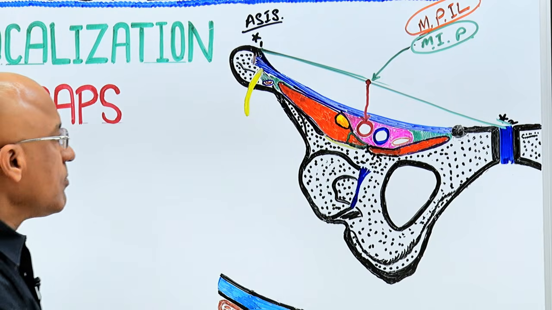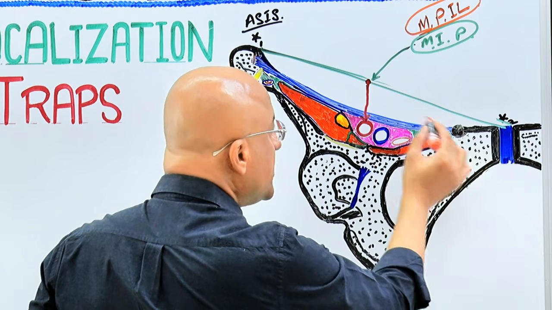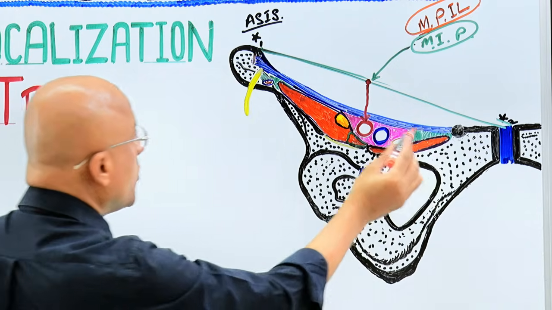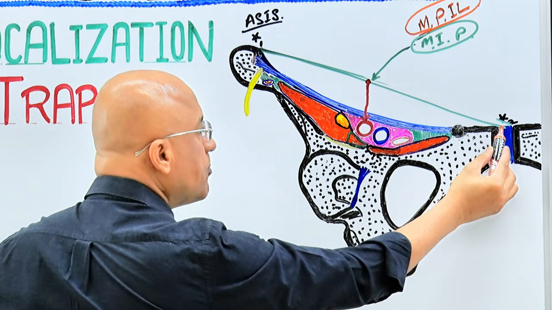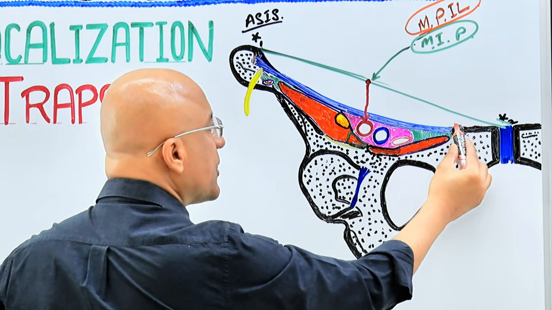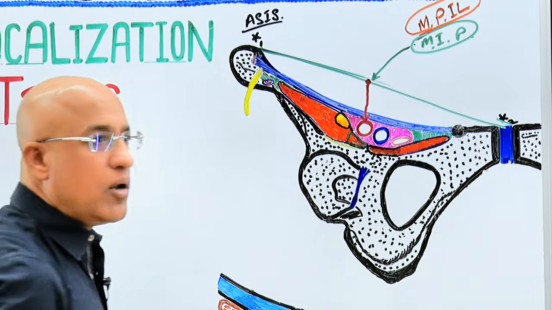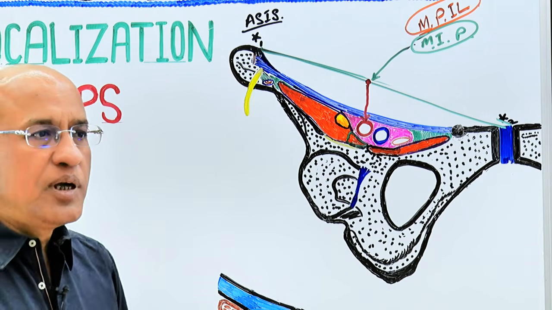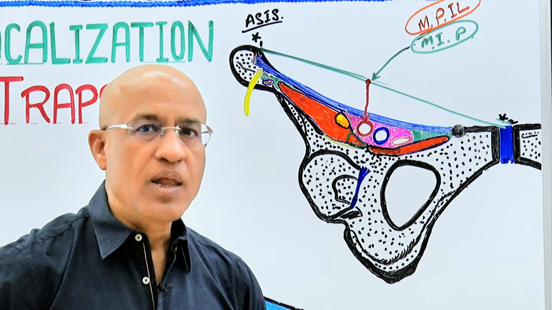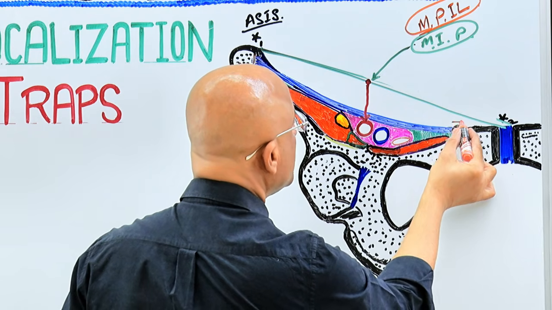But when you are looking for the medial point, from the midpoint you move laterally and you will find an elevation or tubercle on the pubic bone, which is off center.